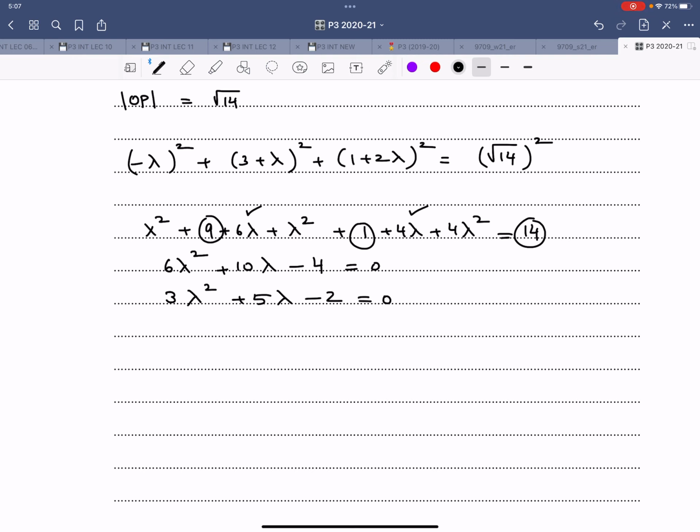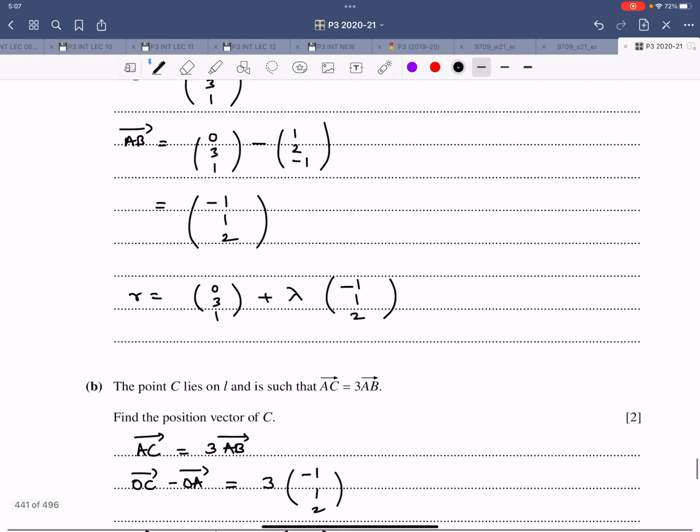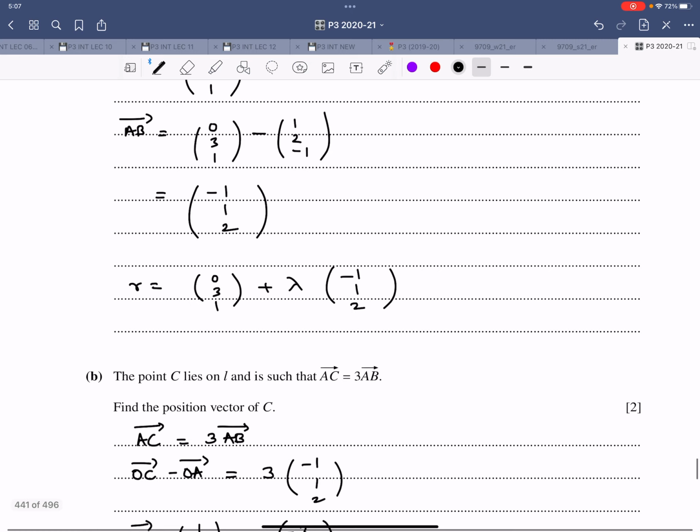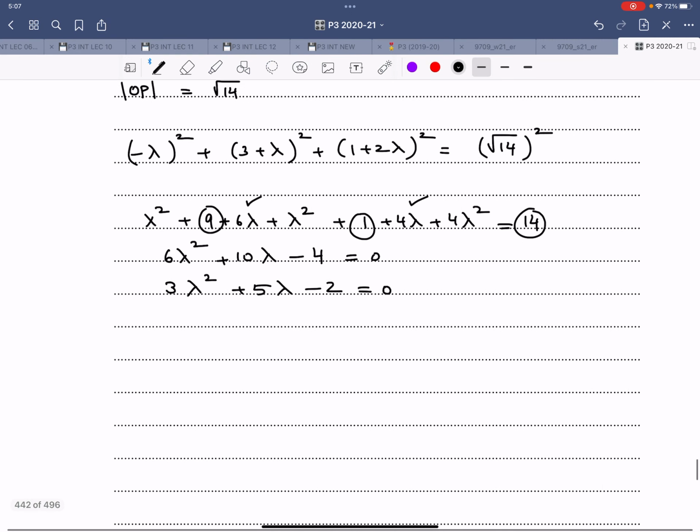3 lambda square plus 5 lambda minus 2 equals 0. Let me just double check one thing. (0 minus lambda, 3 plus lambda, 1 plus 2 lambda). Let me double check that this 3 becomes 9. 3 plus 3 is 6 lambda. Lambda square is lambda square. 1 is 1. 2 lambda is 4 lambda, and this is 4 lambda square. That's also perfect. Root 14 squared is 14. So this is 9, this is 10. 10 minus 14 is negative 4. That makes sense.